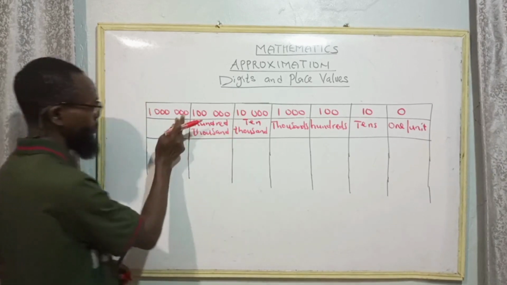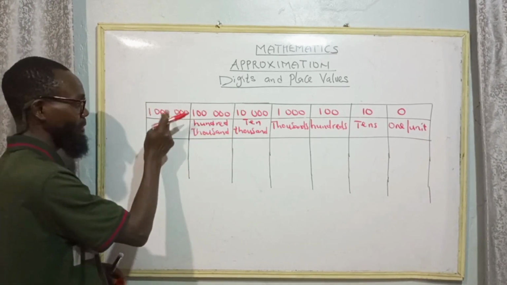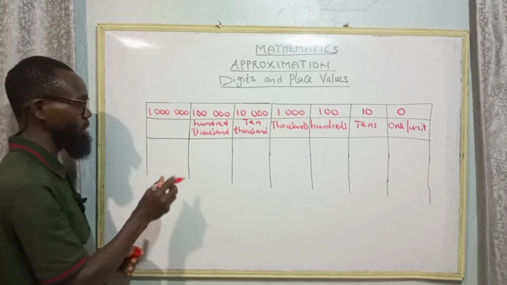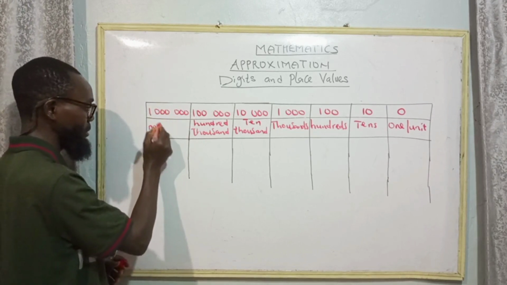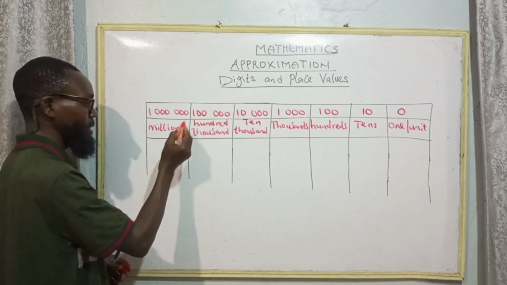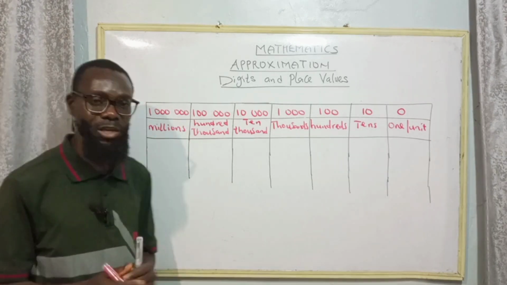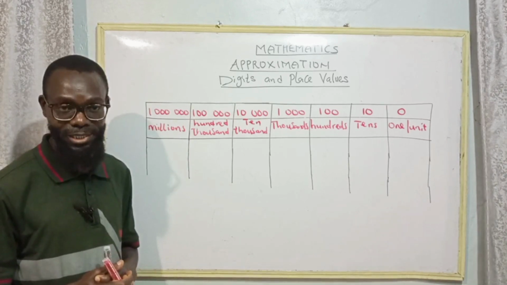So when we have 1, 2, 3,000, 1,000 are 2 bundles, we call it millions. Now using these charts, we can now find the place value of any of our given digits.